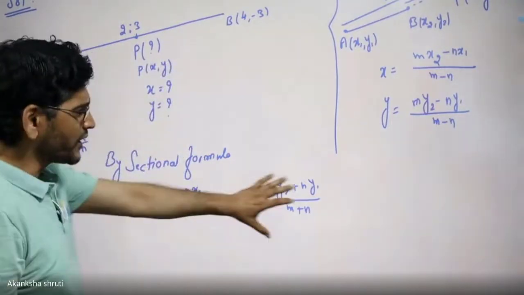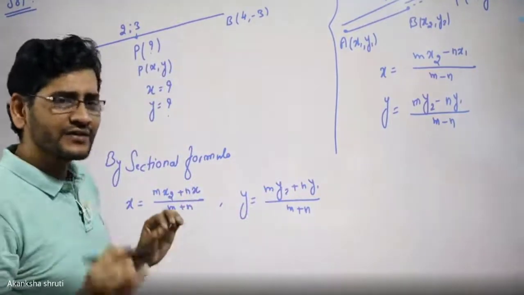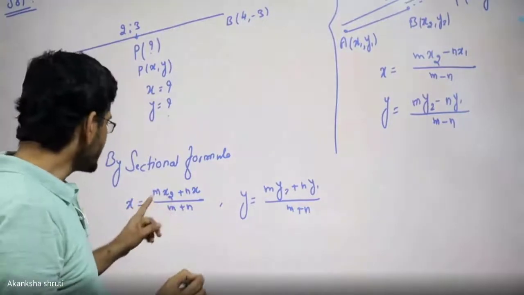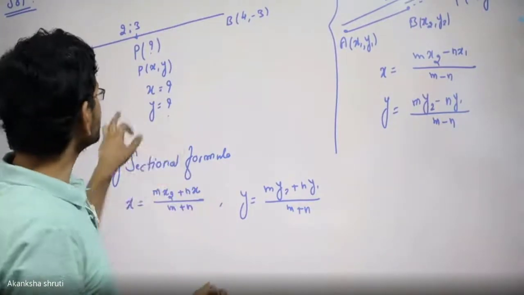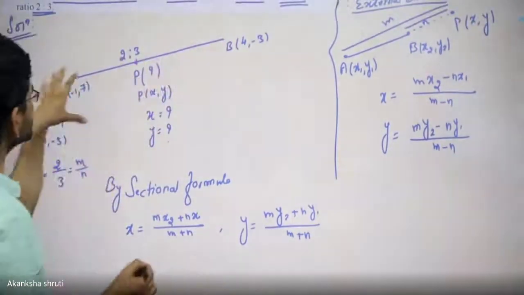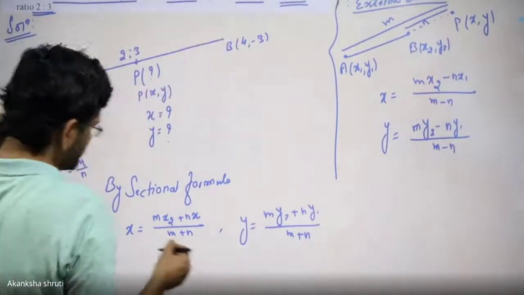Student, this is the formula we have just written, but there is nothing to mug up, nothing to substitute in this formula. Just by watching this and understanding how we are substituting, you can write it quickly.